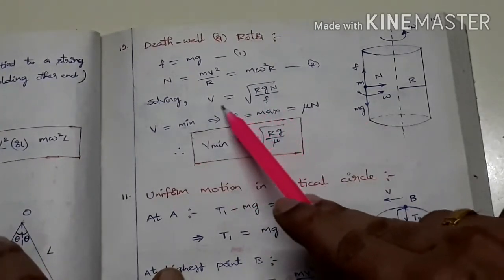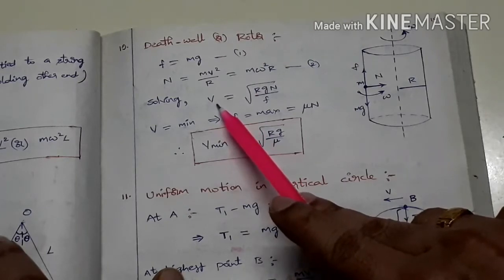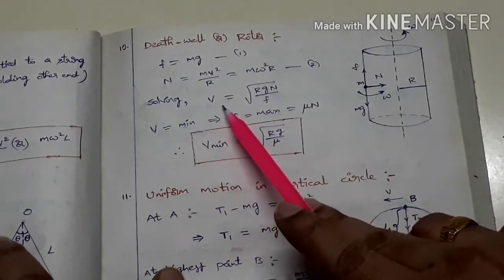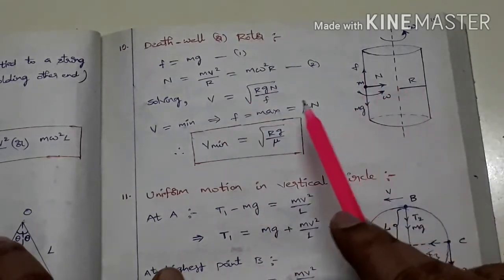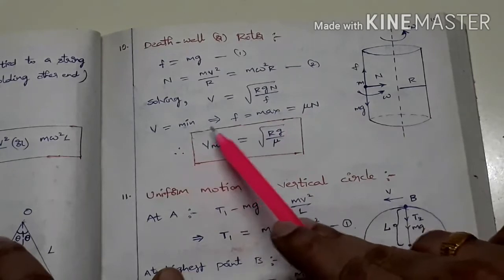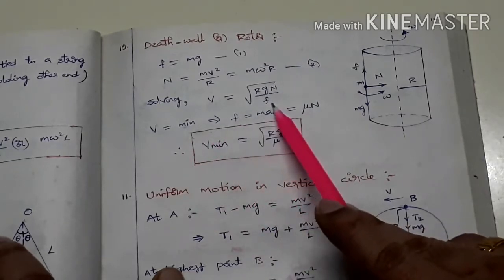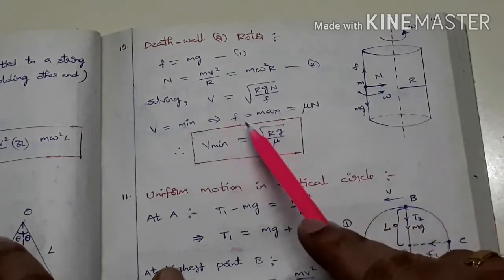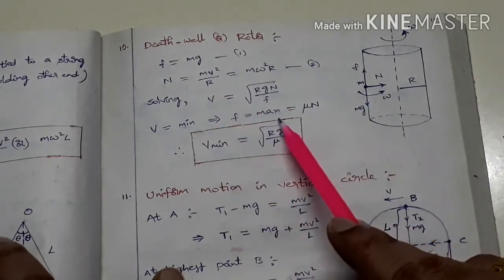So here, to find the minimum value of velocity, with what minimum velocity the person can perform horizontal circular motion in this case, the safest value is v equal to minimum, which implies friction will be maximum here because it is in denominator. If this becomes maximum, this will become minimum. So F must be maximum here. So what is maximum value of F here?